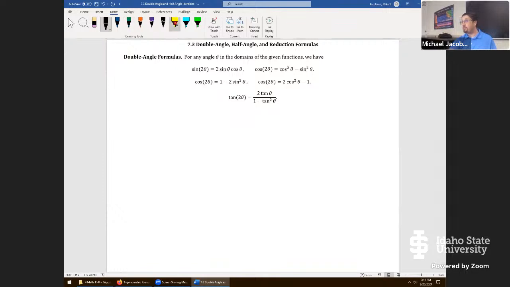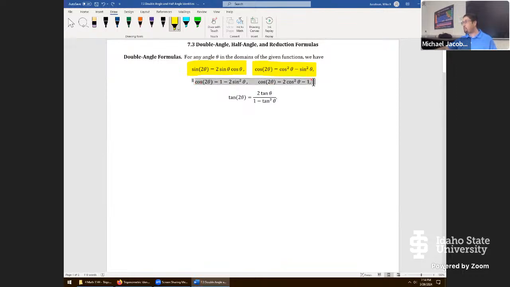There's a couple of them that I would consider to be the major ones you want to take away from this. That would be this one and this one. When people say double angle formulas, they're usually thinking about that identity here and that identity. There's also one for tangent, which is helpful, but it's mostly there for the sake of completeness.